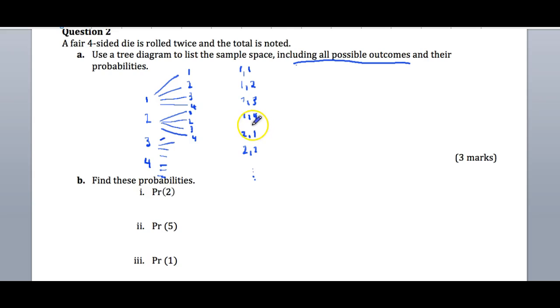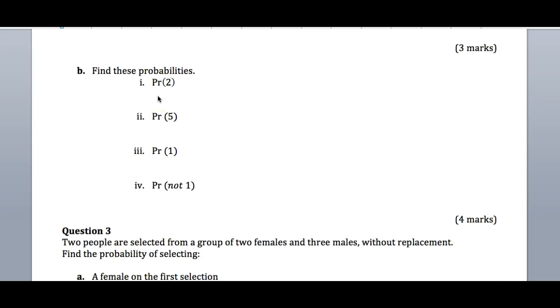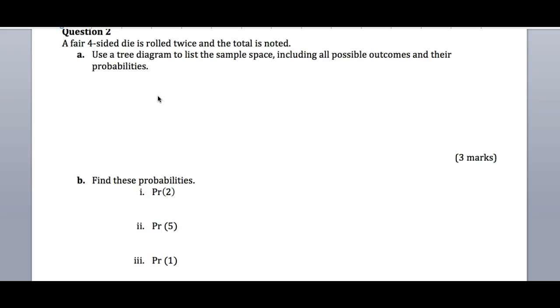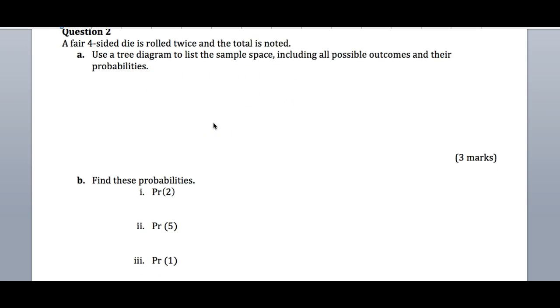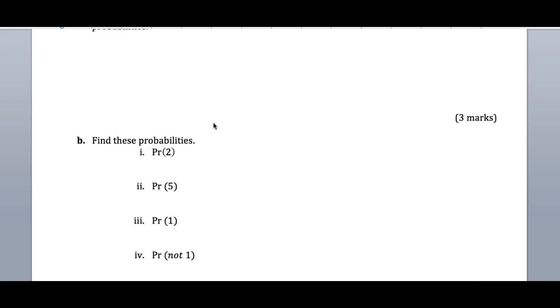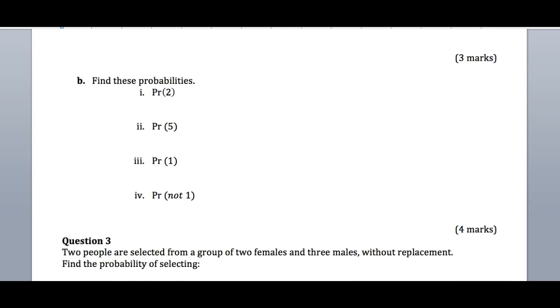Okay, so you should have 4 times 4, 16 different outcomes. Okay, so let's go down here. We're adding the total. So I should have probably added those up. So 1, 1, and the total is 2.